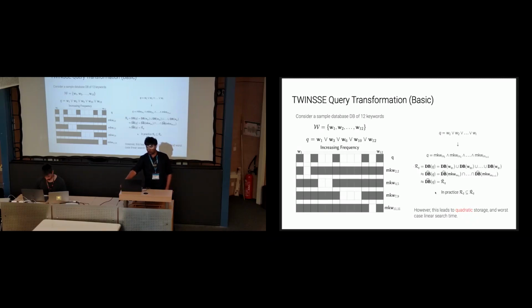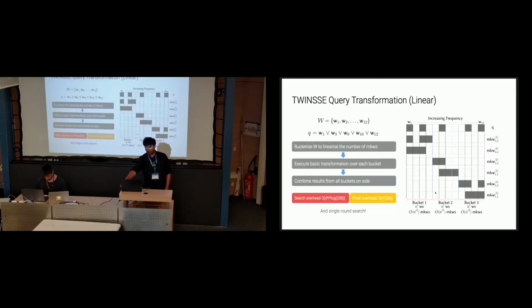So to overcome that overhead, we further optimize this process. What we do is partition all the keywords into specific fixed-width bins, and we run the basic transformation process for each of the individual bins.